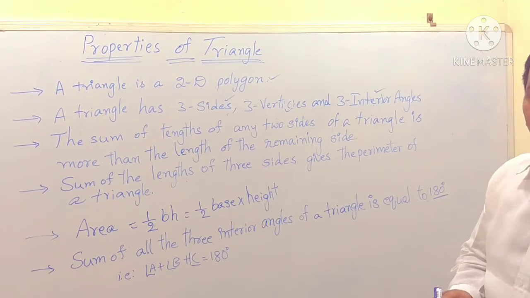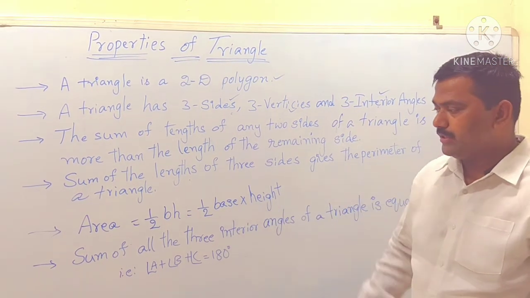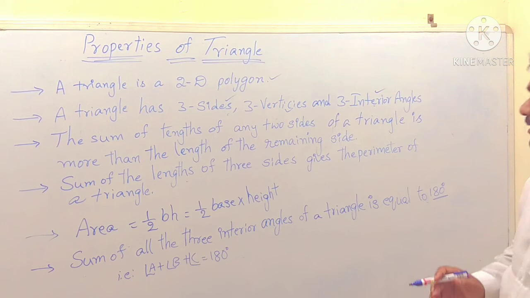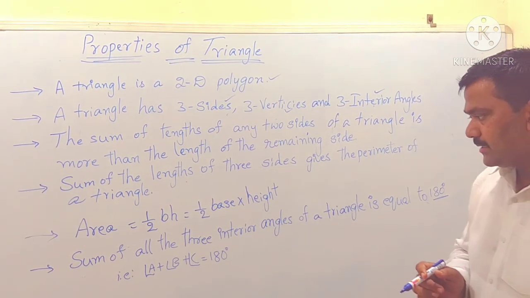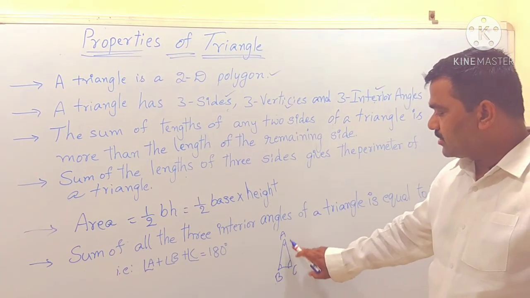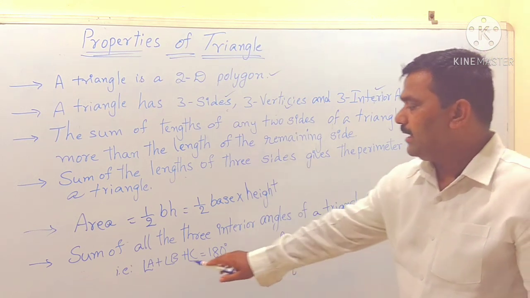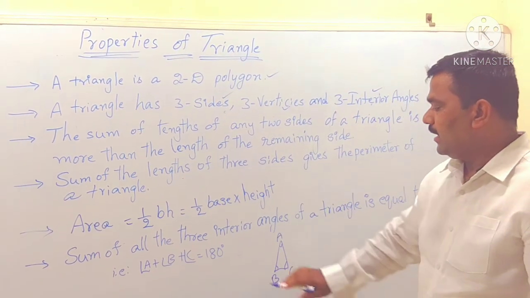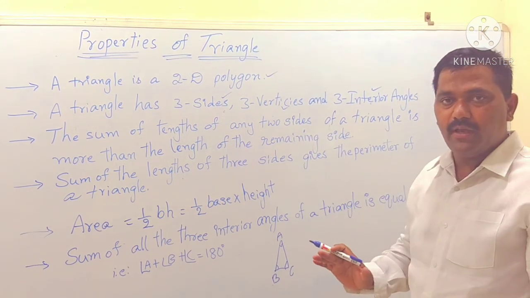Area equal to half into base into height. Sum of all the three interior angles of a triangle is equal to 180 degrees. In a triangle ABC, angle A plus angle B plus angle C equal to 180 degrees. These are the properties of a triangle.